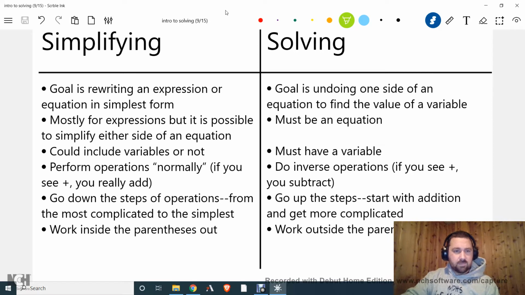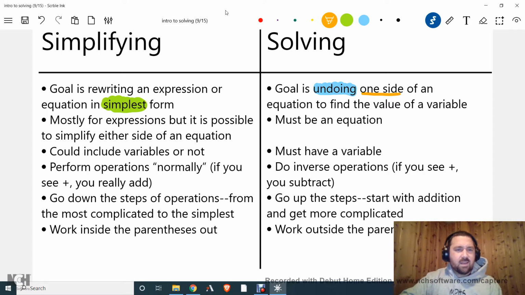So we are writing something that is the same thing, but it is simpler written. For solving, the goal is undoing. Oh, that's such a big word for solving. Undoing one side of an equation to find the value of a variable. These are very different goals, right?